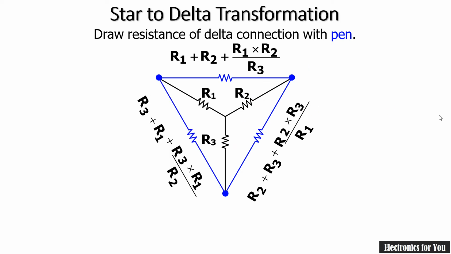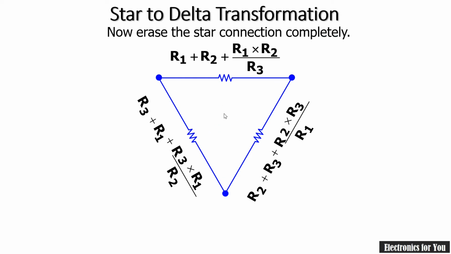The formula will be R3 plus R1 plus R3 into R1 over R2. So this is the required delta network which is drawn here with the pen now, and in the next step we will erase the pencil work, that is our star connection, and we will get a star to delta transformation just like this.